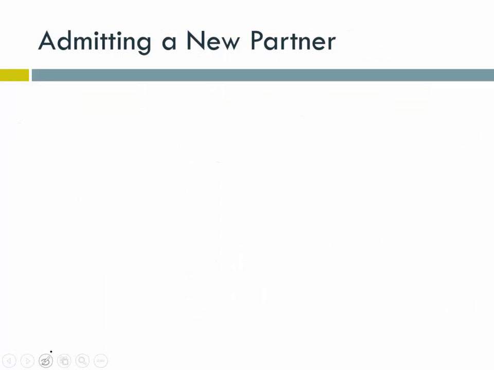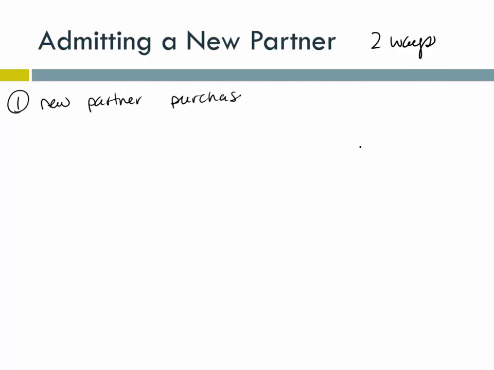The next thing we have to do is know how to admit a new partner, and there are 2 ways this can happen. The first one is if the new partner is purchasing interest in the business, or is essentially buying the capital from an existing partner.